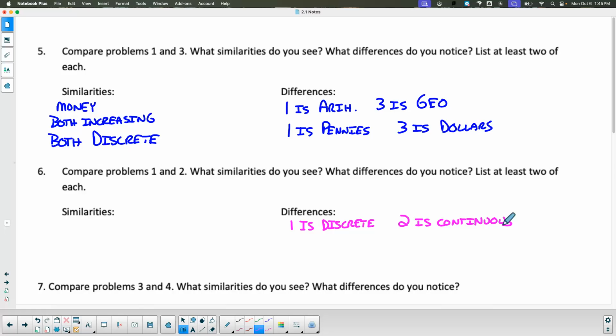Mine was similarities is both arithmetic, I think. Both are arithmetic. Addition. So they're both arithmetic. Yep. What else we got?